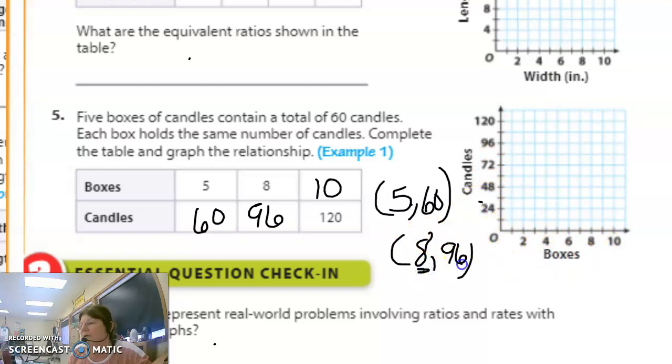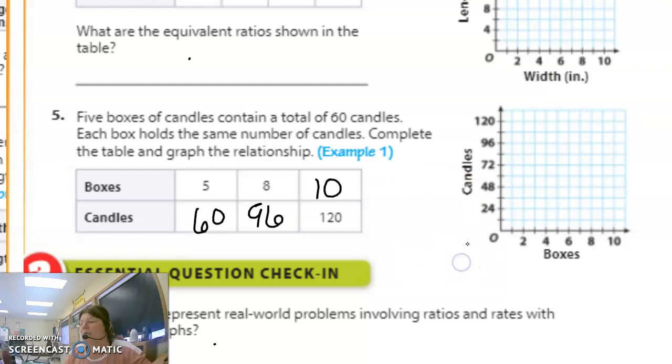Candles second, that's your second number. Those are considered to be ordered pairs. Okay, we're going to get more into ordered pairs and how they work. Right now, what you want to concentrate on is the ratios, finding those ratios. And we've been doing that with all of them. Hopefully, you were able to see how I did that without it causing you too much issue.